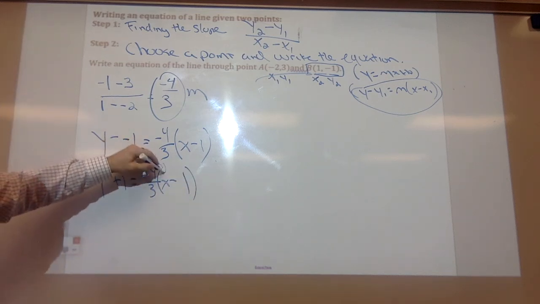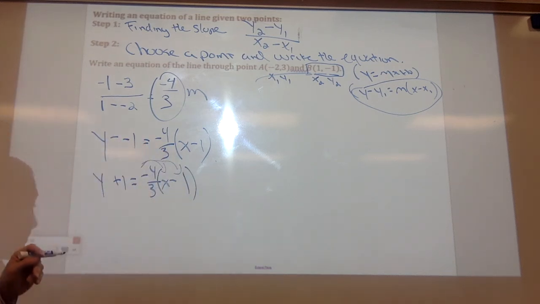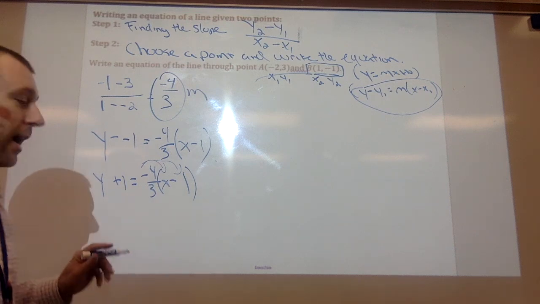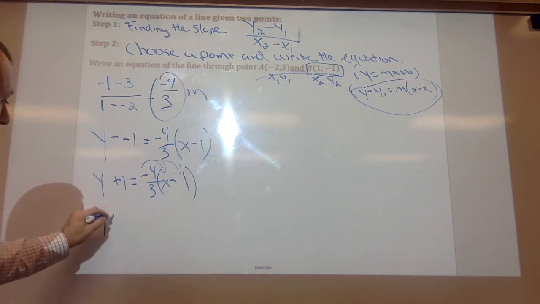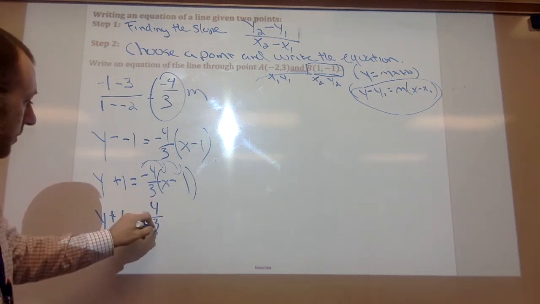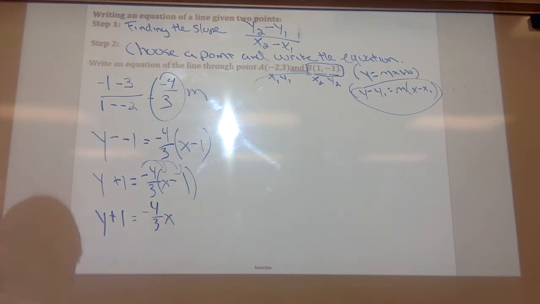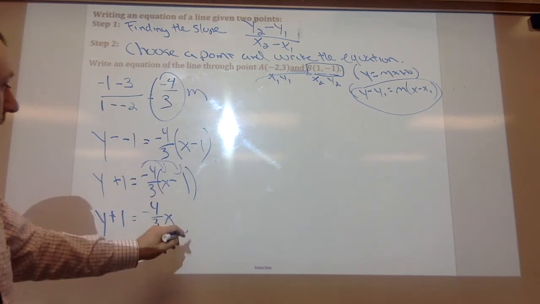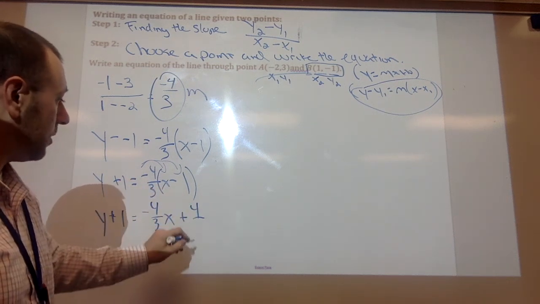I'm going to distribute this in. Now, a lot of you will be thrown off by the fractions, but that fraction is not going to change. And the negative and negative are going to be plus 4 over 3.